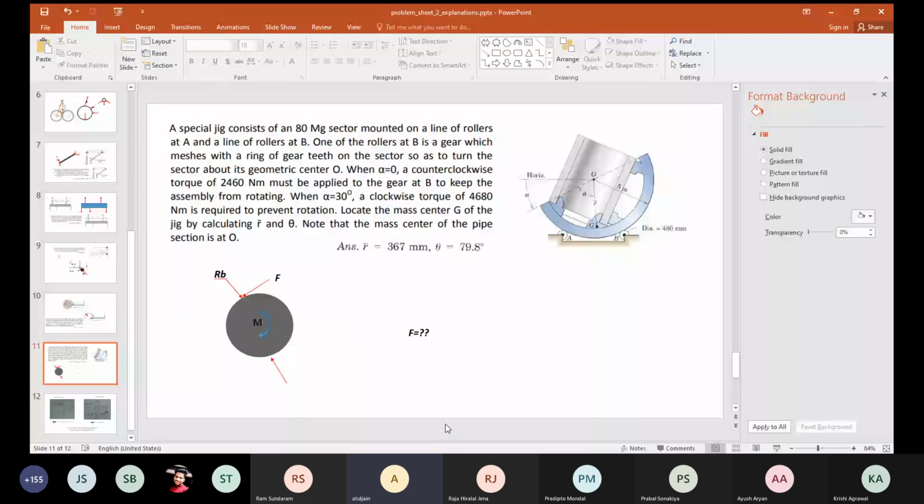So 80 into mg. Now you write mass is mg, mass into constant g. So here they're writing 80 mass into g. I think it will be 80 kg, sir.